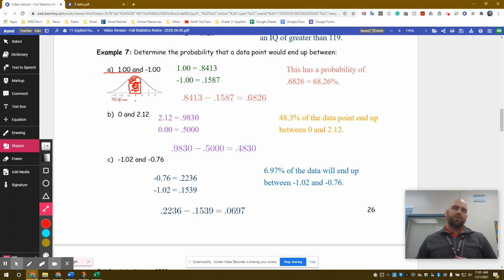The first one was the long one, the second one was the short one. To find what's in between, we need to subtract the short one from the long one. We're taking the big probability and subtracting the small one, because the small one is the one that's getting cut off. So that's how we find the probability that a set of data is in between two z-scores.